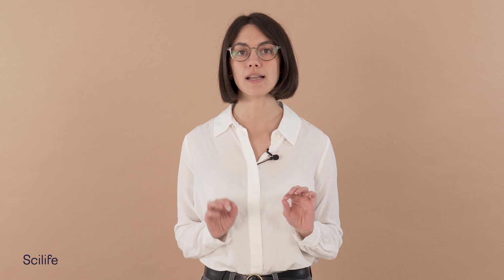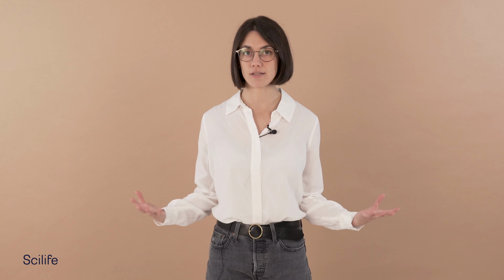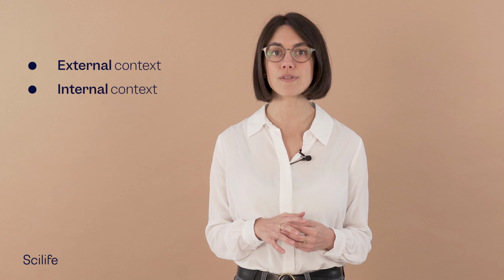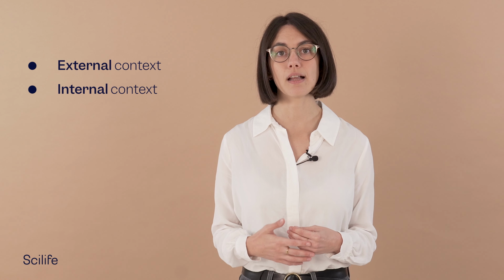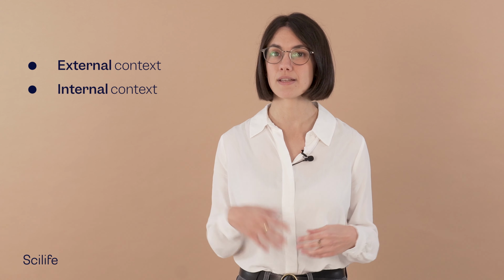But before, let's talk about context. In ISO 19011-2018, context is important because it provides guidance on how to manage an audit program systematically and objectively. An audit has two types of context: internal and external. On one hand, the external context of an organization involves elements such as geography, client requirements, regulatory framework, external stakeholders, and so on.